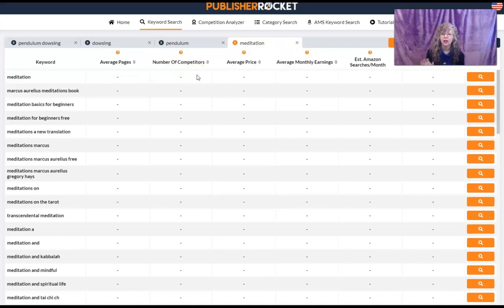They call it long tail. So some of these other longer phrases would be easier to rank for. Okay, they'd have less competition, but they would probably also earn less per month because there are fewer searches. Then another beautiful thing that Publisher Rocket tells you about is estimated Amazon searches per month. Okay, and that lets you know.